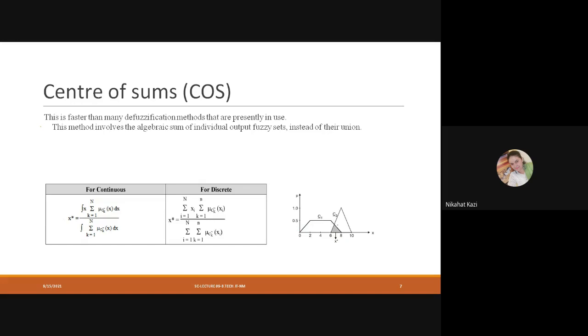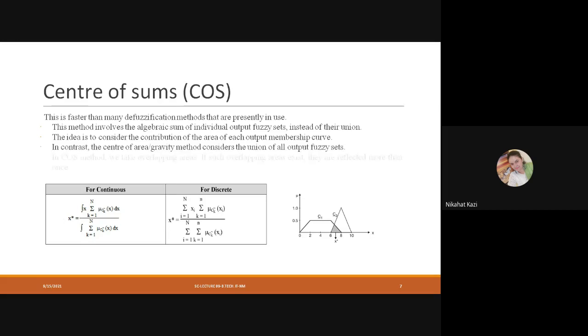So what is a drawback of this is, this particular area, there's an overlap. So this is counted twice. So there's a problem with the estimate. Okay.